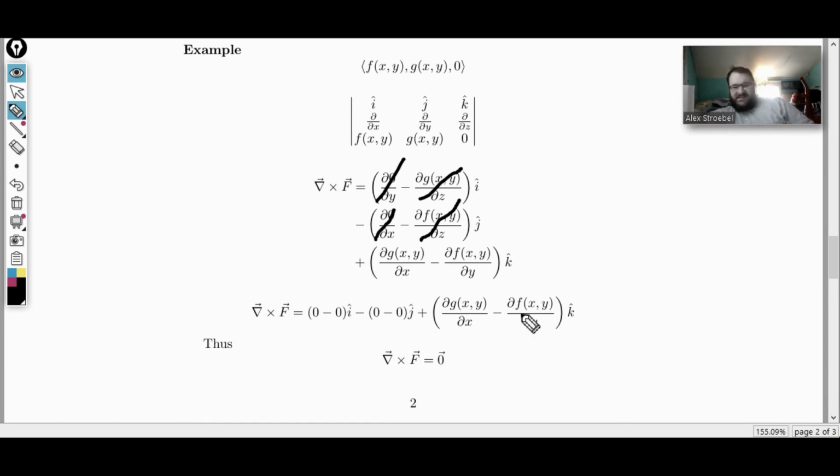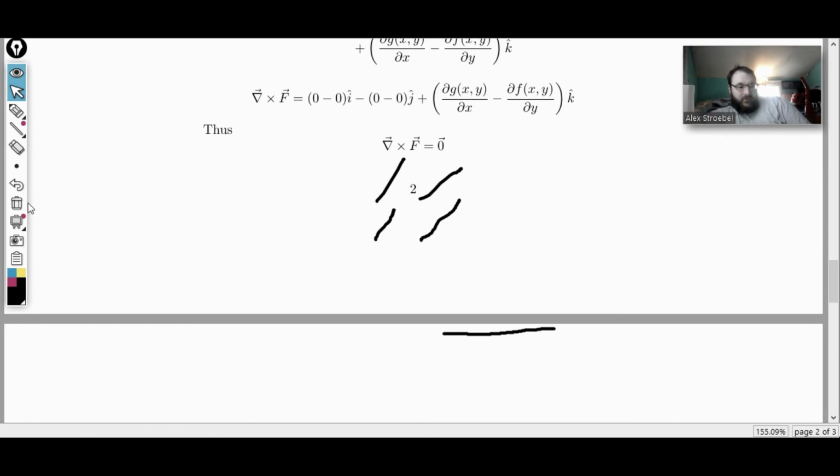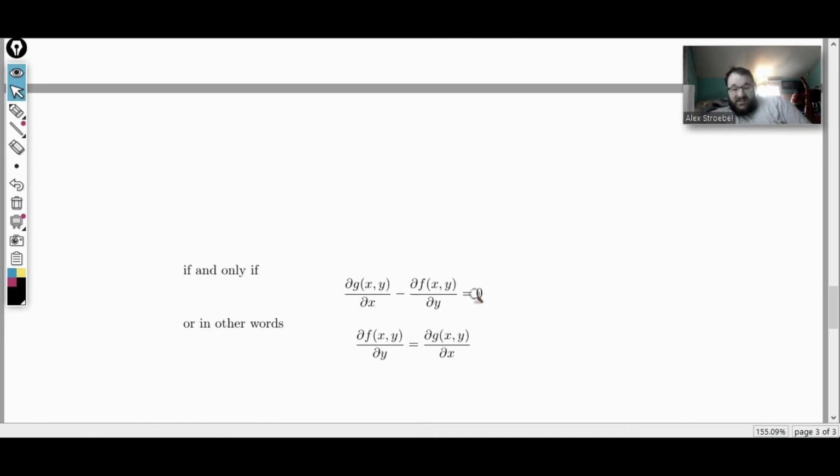So if you notice, this vector is only going to be conservative when this term is also 0, right? So when this term is 0.